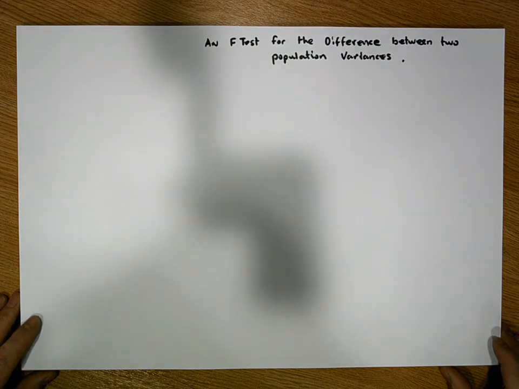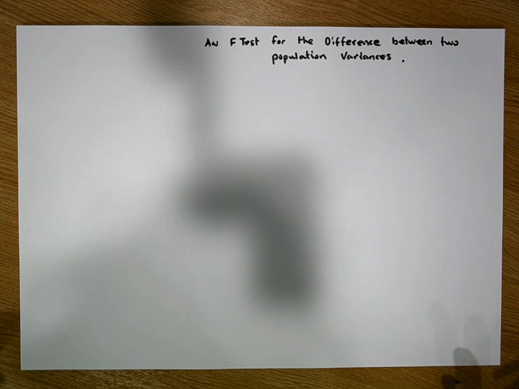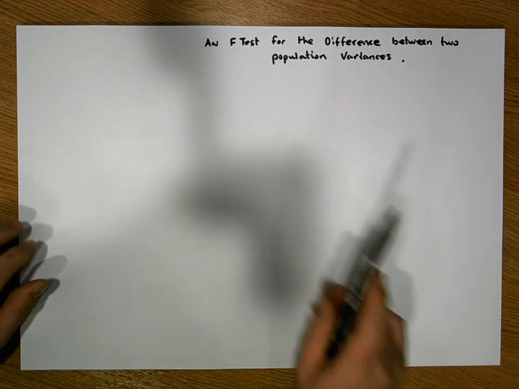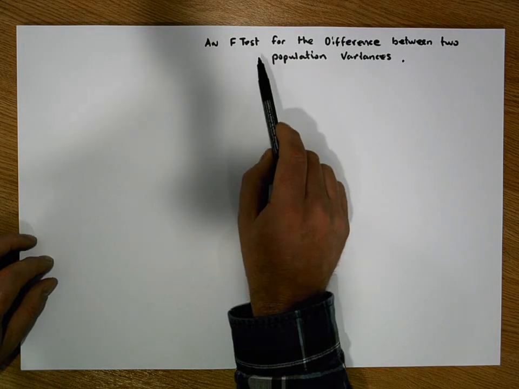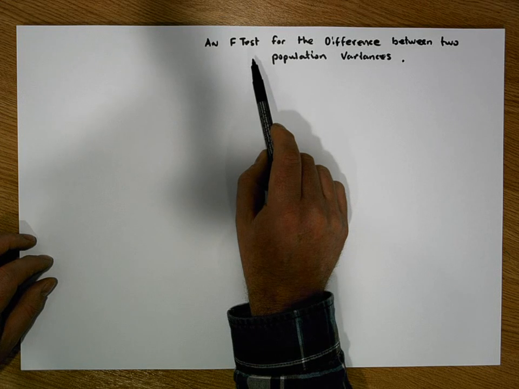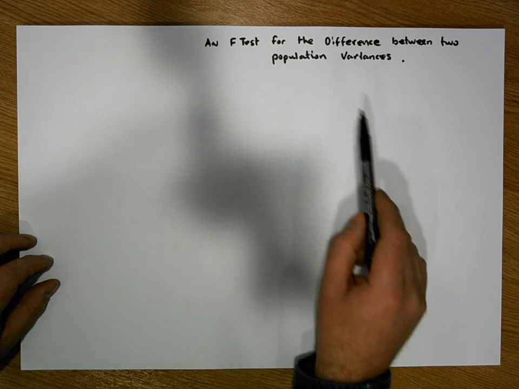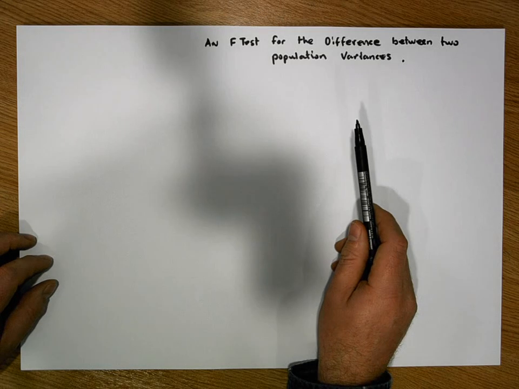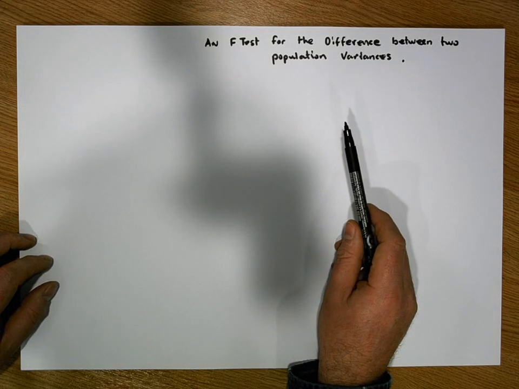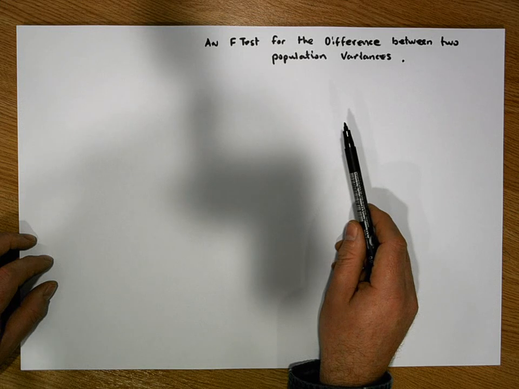So what we want to do is figure out whether two samples that have been randomly selected have been drawn from populations that have different population variances. This particular test is very important because it allows us to choose between two possible alternatives for our independent samples t-tests, where we want to test for the difference between two population means.